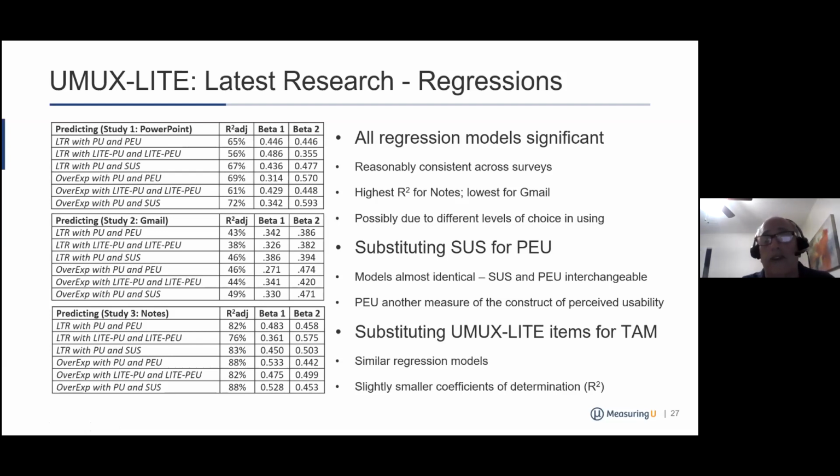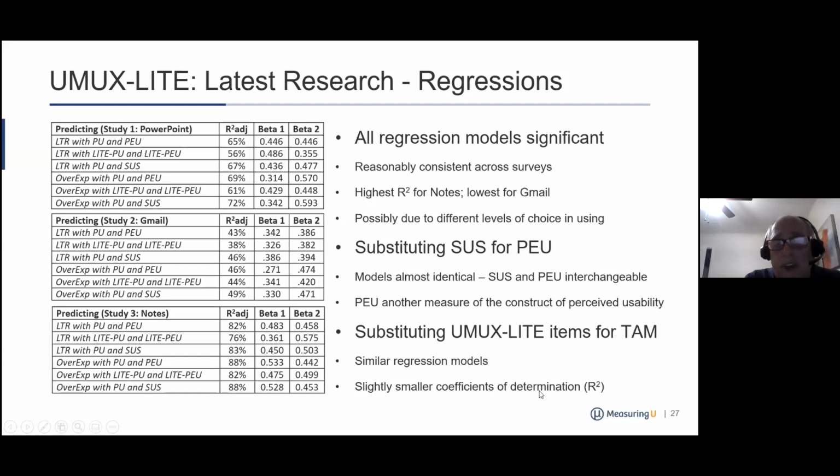Perceived ease of use is just another measure of the construct of perceived usability. And then getting to the UMUX-LITE, what if I just take those two items, the LITE PU and LITE PEU, those are items 1 and 2 of the UMUX-LITE. And again, we see very similar regression models, looking at how they account for variation in these measures.